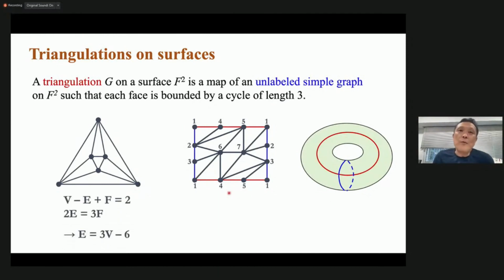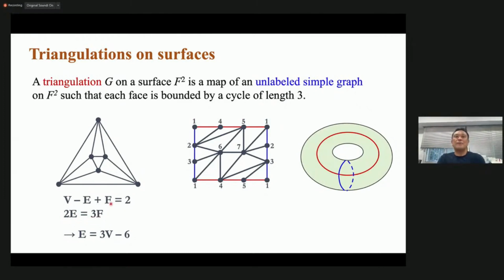So when we embed the graph on the sphere, the number of vertices minus the number of edges plus the number of faces equals 2, which is called Euler's formula. And we substitute this relation for triangulation: 2 times the number of edges equals 3 times the number of faces.